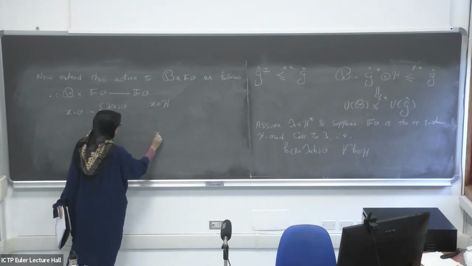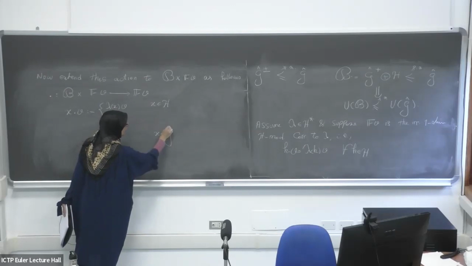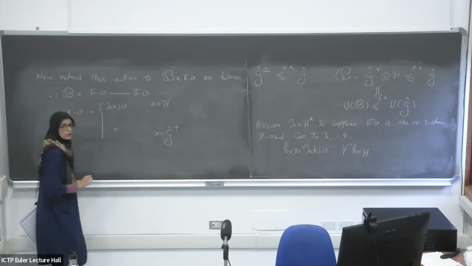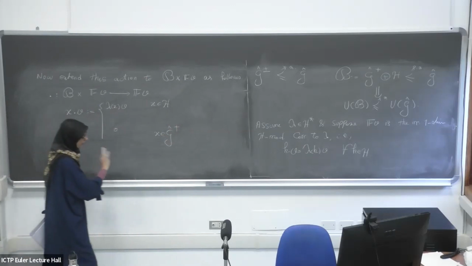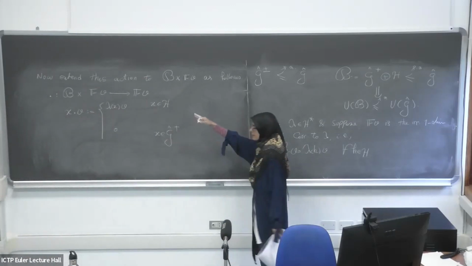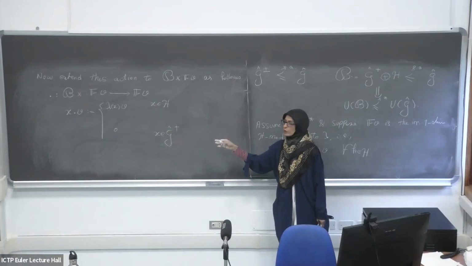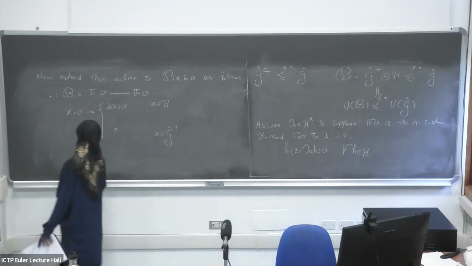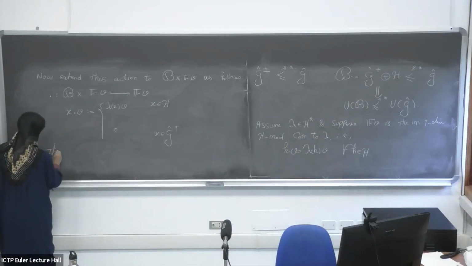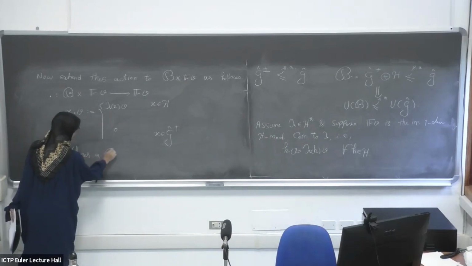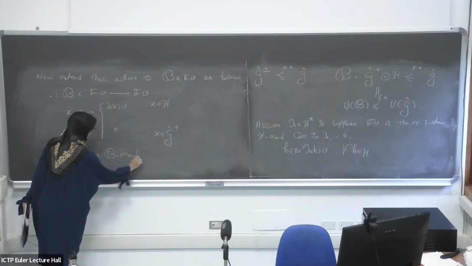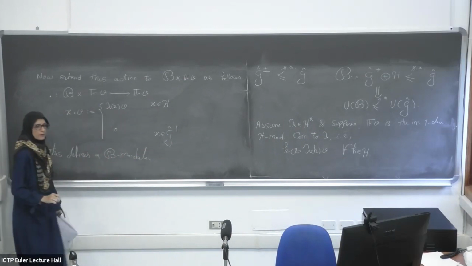And if X is an element of G hat plus, I define it to be 0. Right? And it is very easy to verify that this is really a module. Okay?